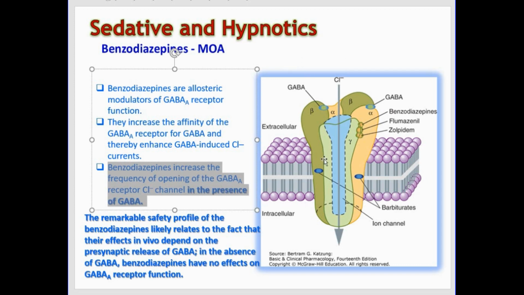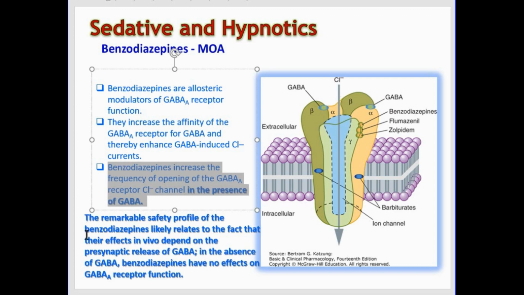Barbiturates, in higher concentration, were simply opening the channel. But with benzodiazepines, if the GABA is not there, they're not going to work. They need GABA in order to open the channel. It doesn't matter how much benzodiazepine you put in, if the GABA is not there, it's not going to work.